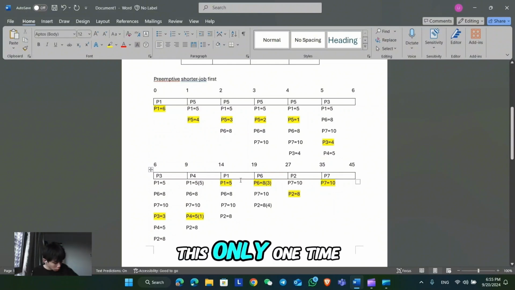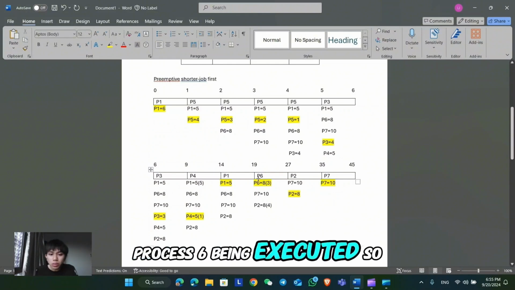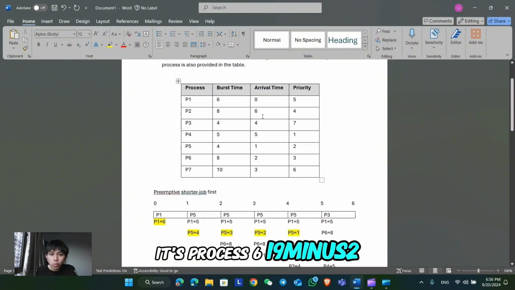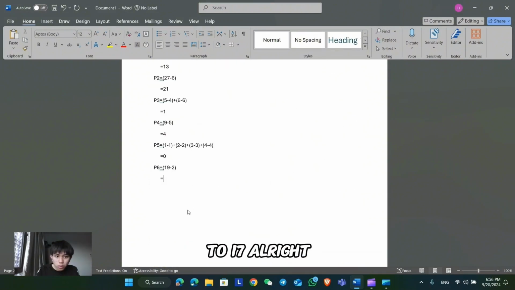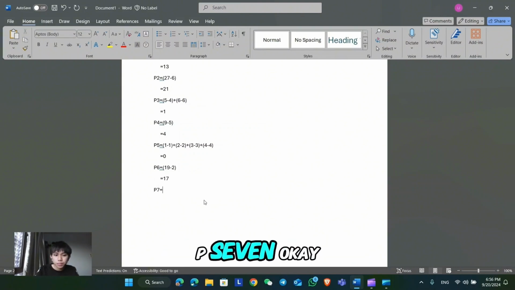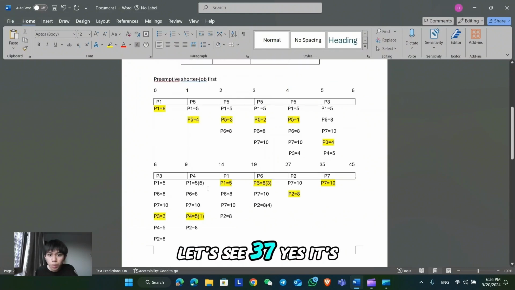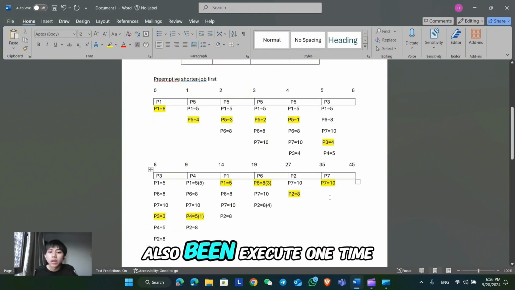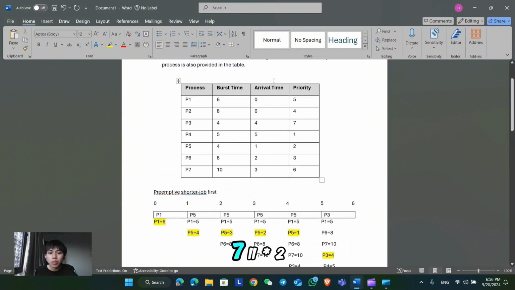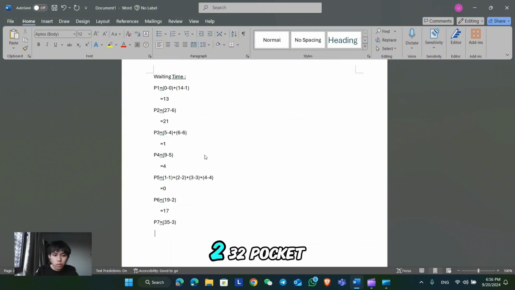There's only one time. So process 6, 19 minus 2 equals 17. And then the last one, P7. It's also been executed one time only. So 35 minus 3, since P7 arrival time is 3, equals 32.